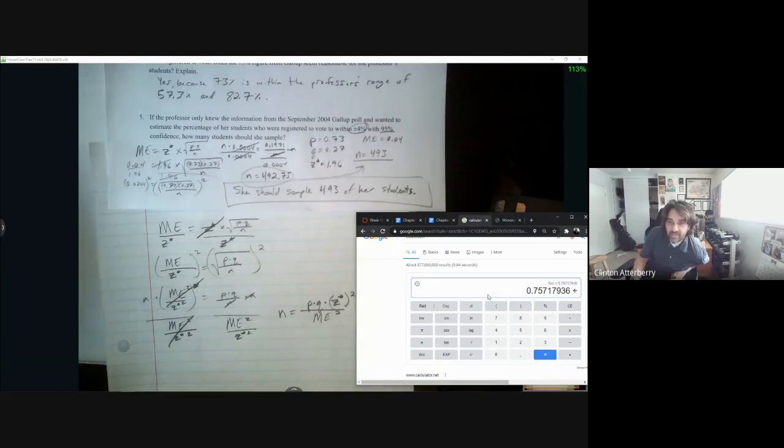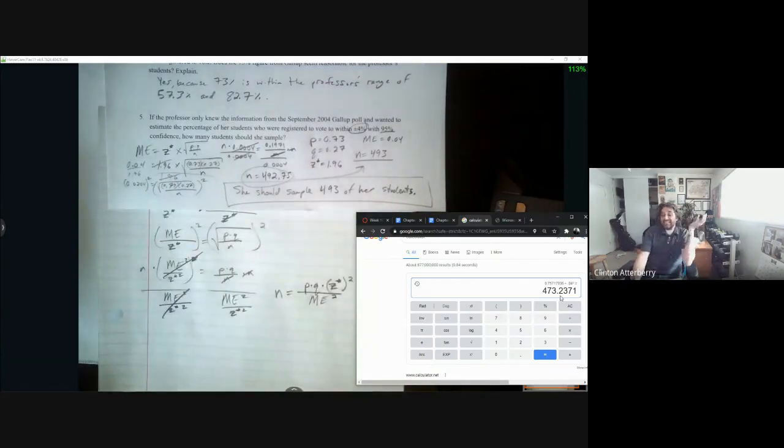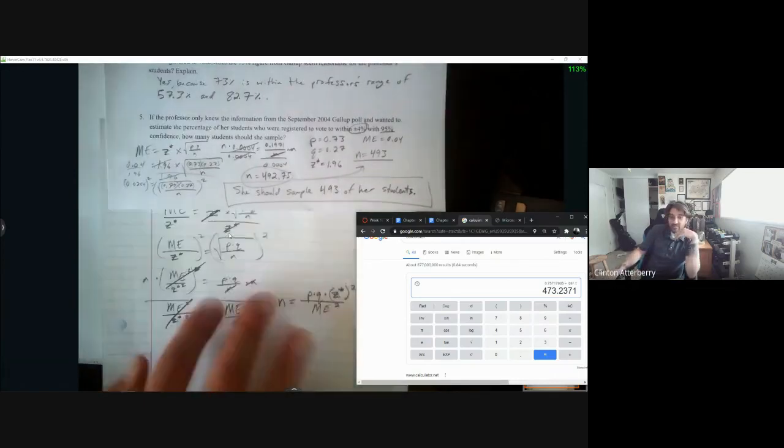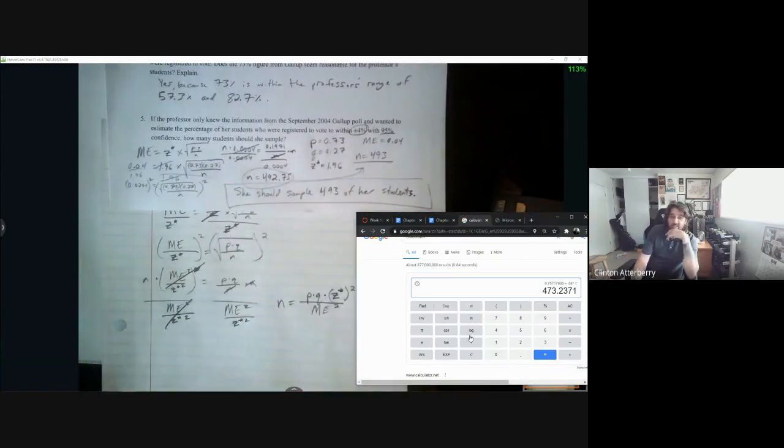Divide that by the margin of error squared, so 0.04 squared. This says 473.2 blah, blah, blah. So it's a slightly different number, right? It's actually off by like 20 people. That's craziness. Why is it off by 20 people? Because there was no rounding at all. So the numbers right here are actually a lot more accurate than what you can do with this because we rounded.